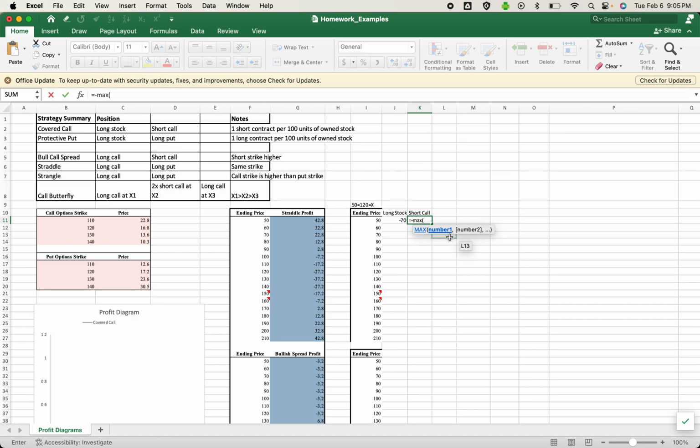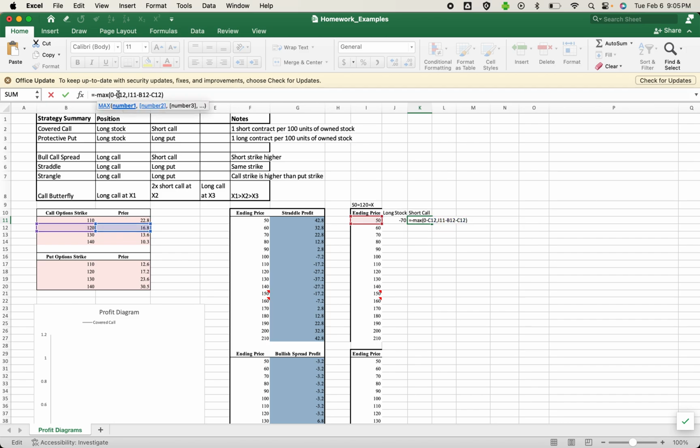So this is going to be maximum of 0, and the ending stock price minus my strike price, which is 120, minus my call option premium.